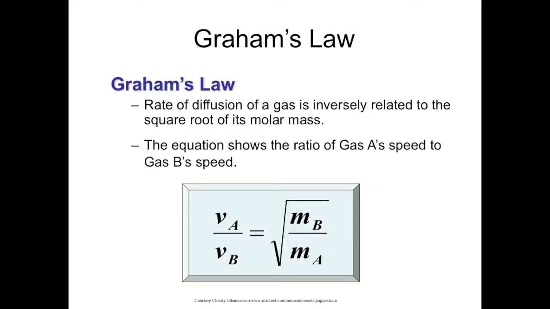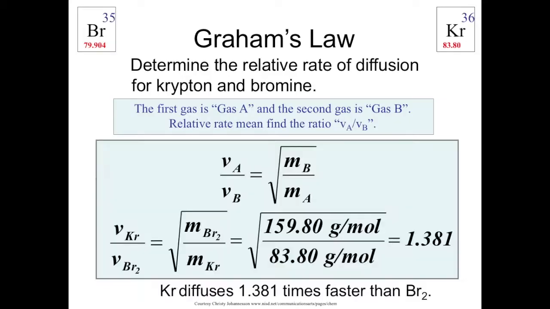Graham's law states that the rate of diffusion of a gas is inversely related to the square root of its molar mass. So this is the equation. Now, if we are asked to determine the relative rate of diffusion for krypton and bromine, solving for their velocity, we can see that krypton diffuses 1.381 times faster than bromine.